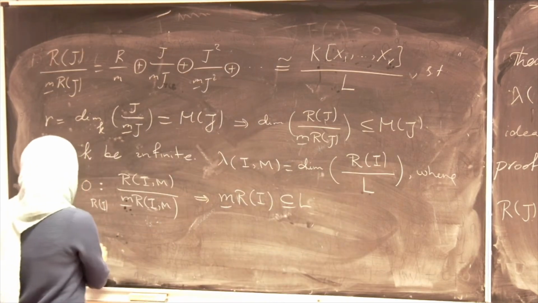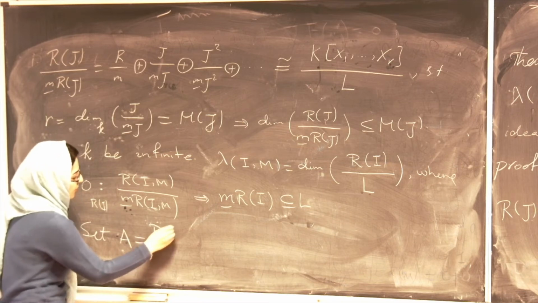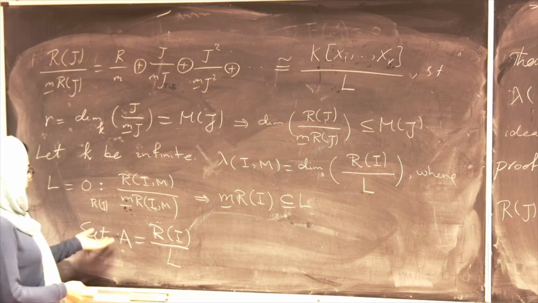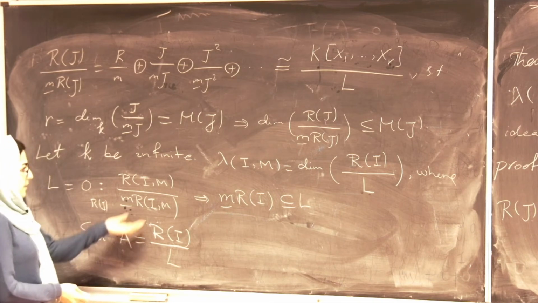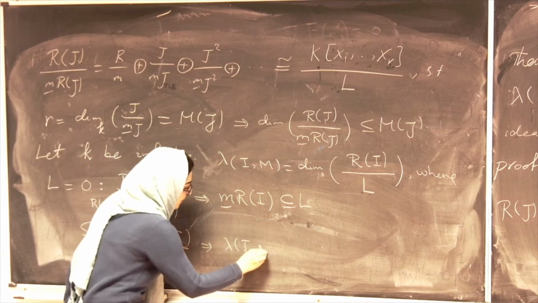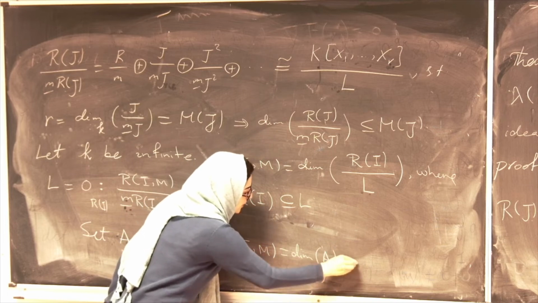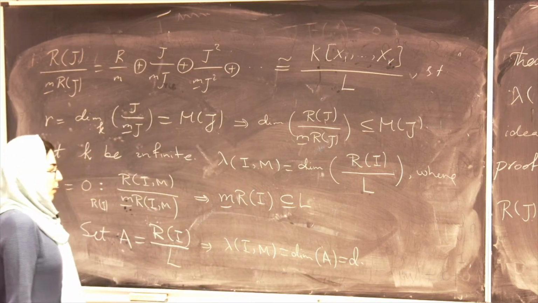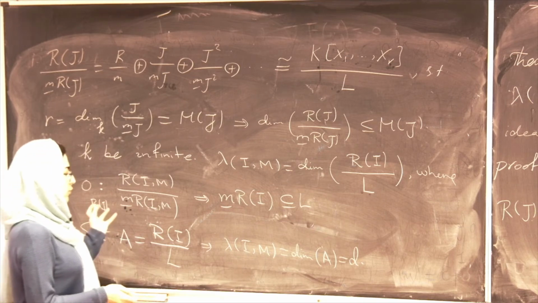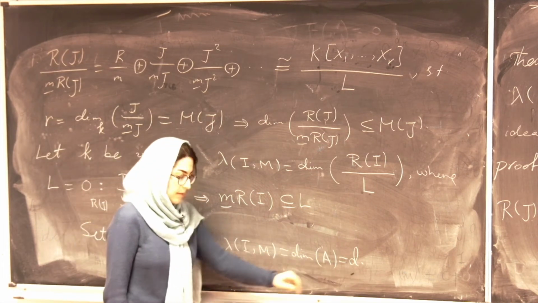I call this ring A because I work with this ring. What we know is that the dimension of this ring is exactly the analytic spread. I call this number D, and what we want to show is that there is a reduction ideal J of I such that mu of J is exactly D.